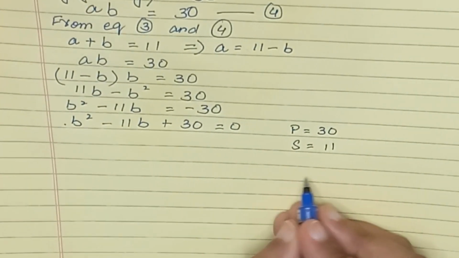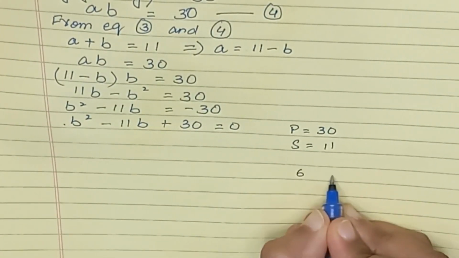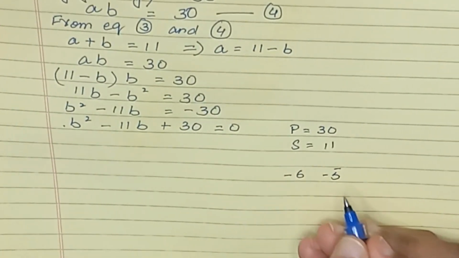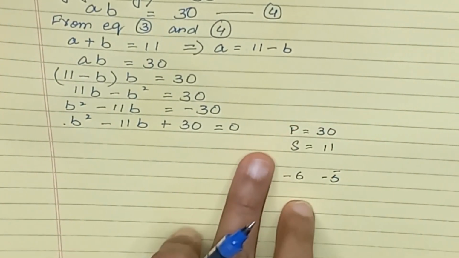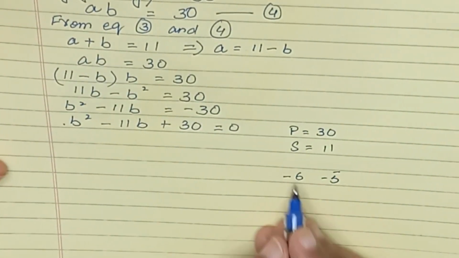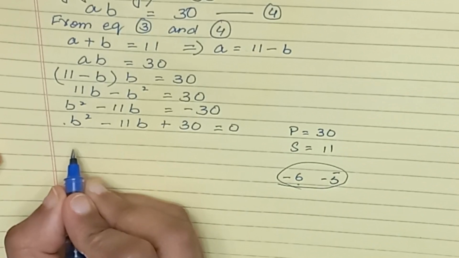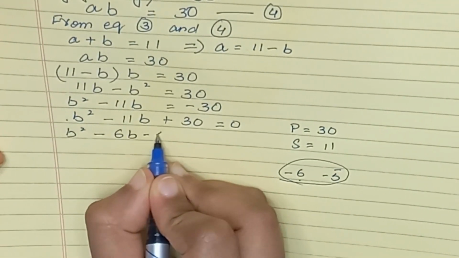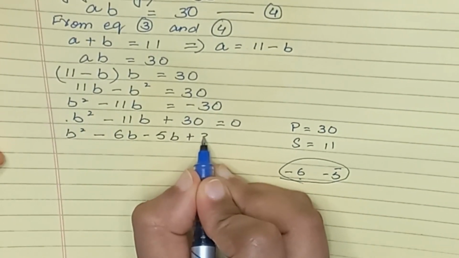So we have factors 6 and 5. If we take negative 6 and negative 5, its product will be positive 30 and its sum will be negative 11. So we will take these factors. It will become b square minus 6b minus 5b plus 30, which is equal to 0.